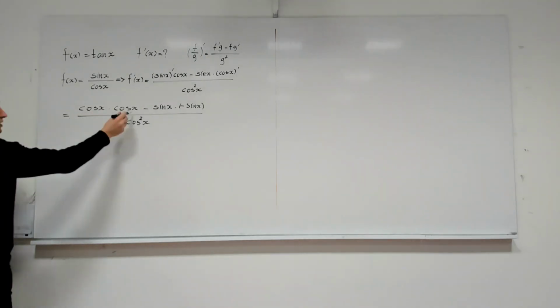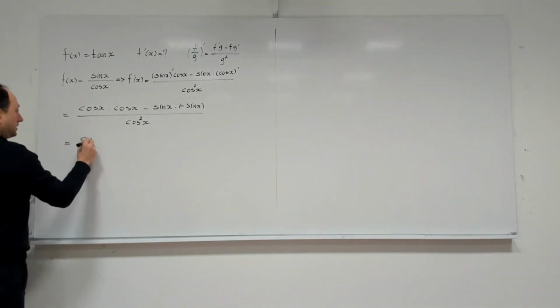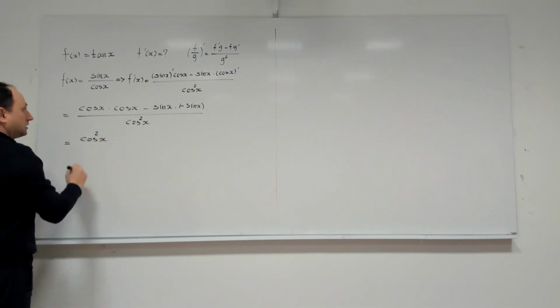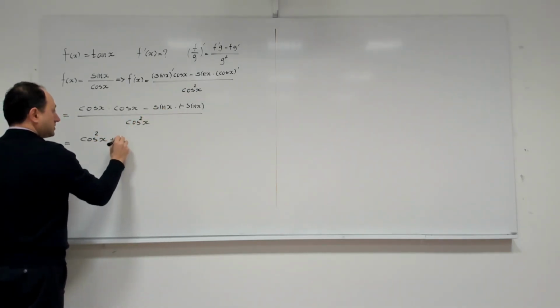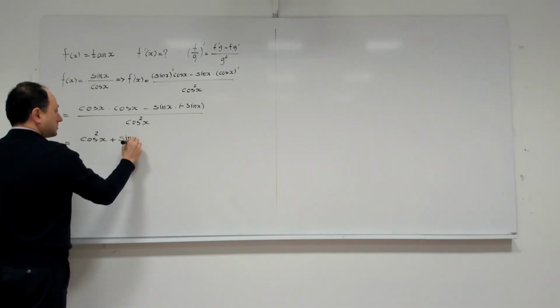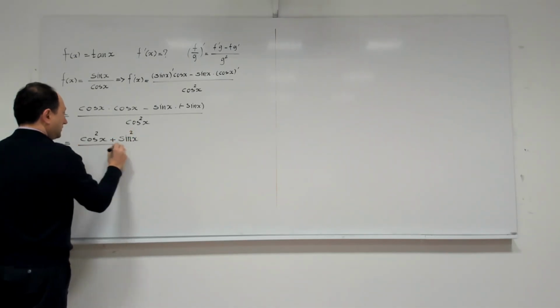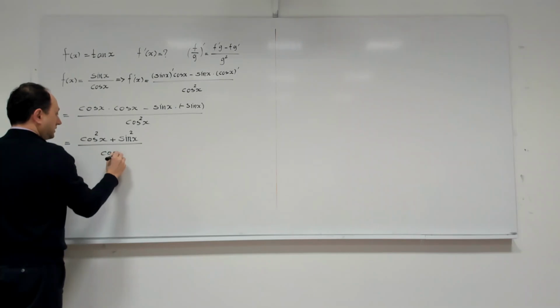Okay, so cosine times cosine is cosine squared x. And then minus sine x times minus sine x becomes positive sine squared x. And then you have cosine squared x, yes.